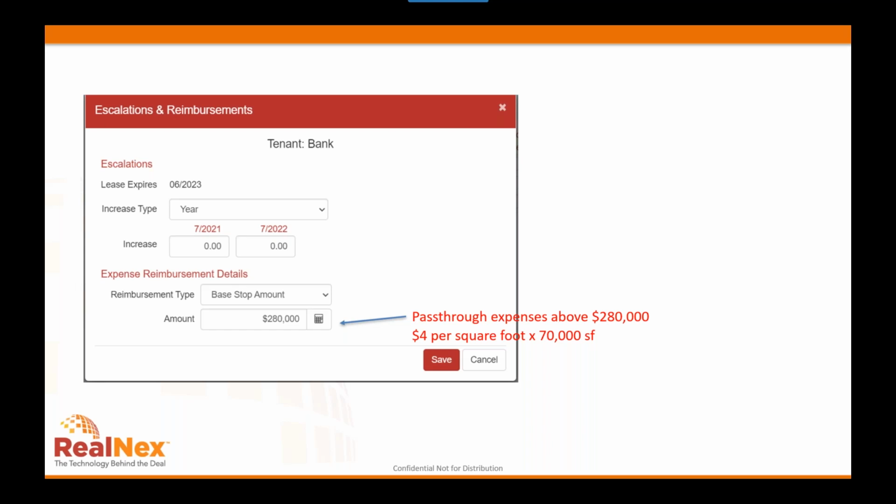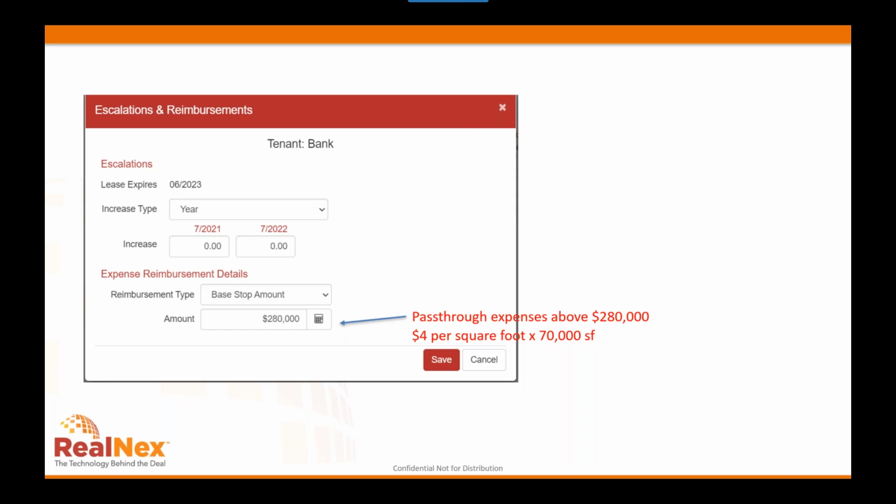The expense reimbursements, though, are going to be based on any expenses above $280,000 for that lease, or the way we usually think about it is on a per square foot basis. So that translates into $4 per square foot. So the idea is that once expenses exceed $4 per square foot, this tenant has 70,000 square feet.